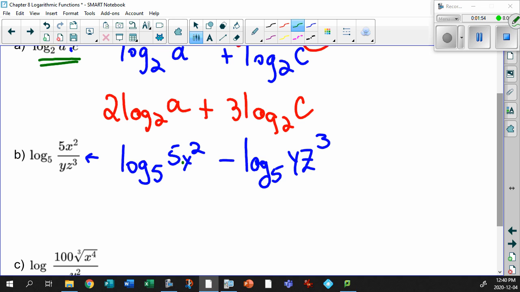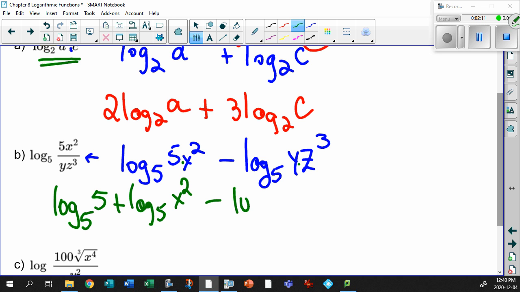Those are multiplied. So that means you're going to end up going, watch this, log base 5 of 5 plus log base 5 of x squared minus log base 5 of y plus log base 5 of z cubed.